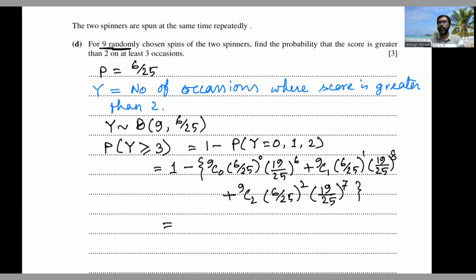So you calculate this one, and if you write the answer correct to 3 significant figures, it will be 0.371.